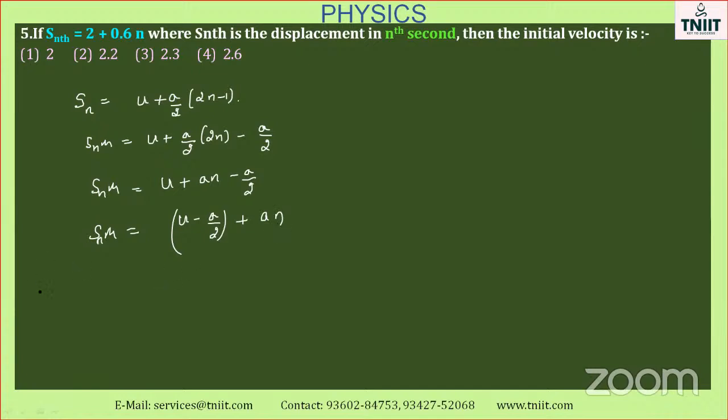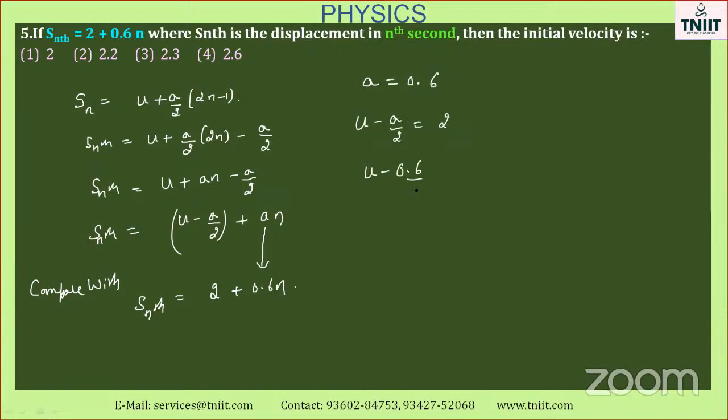If you compare with the equation they have given, what is the distance in the nth second? It is 2 plus 0.6 n. So what is a? 0.6. What is u minus a by 2? 2. u minus 0.6 by 2 equals 2. u minus 0.3 equals 2. u equals 2.3, right?